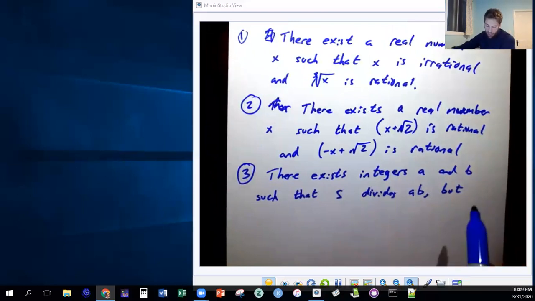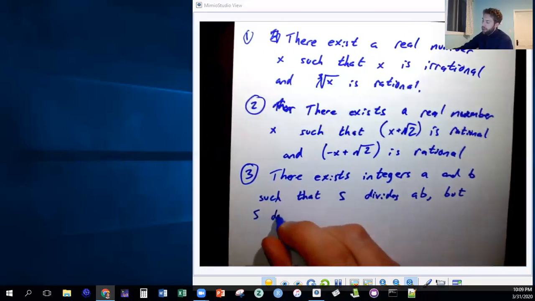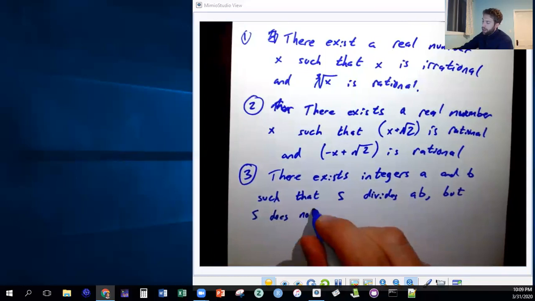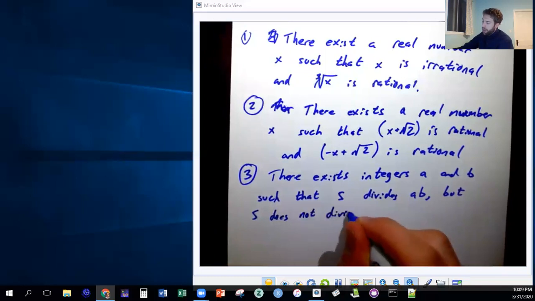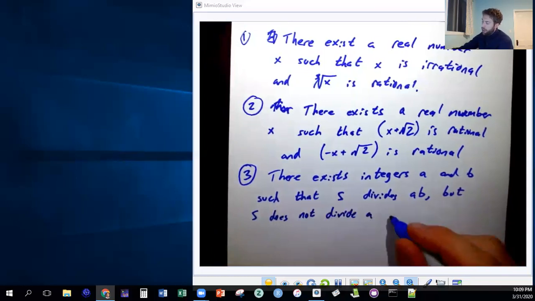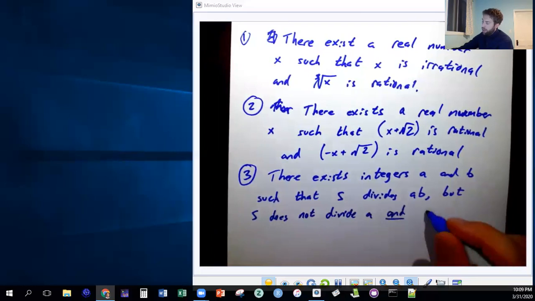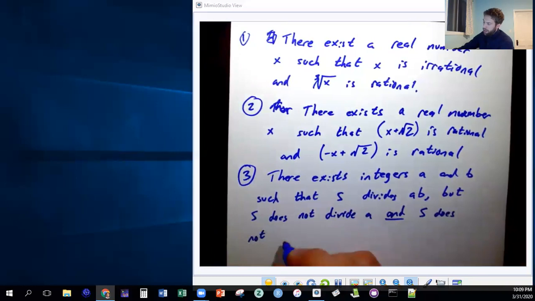Now I have to negate an or statement, so it turns into an and: 5 does not divide a and 5 does not divide b.